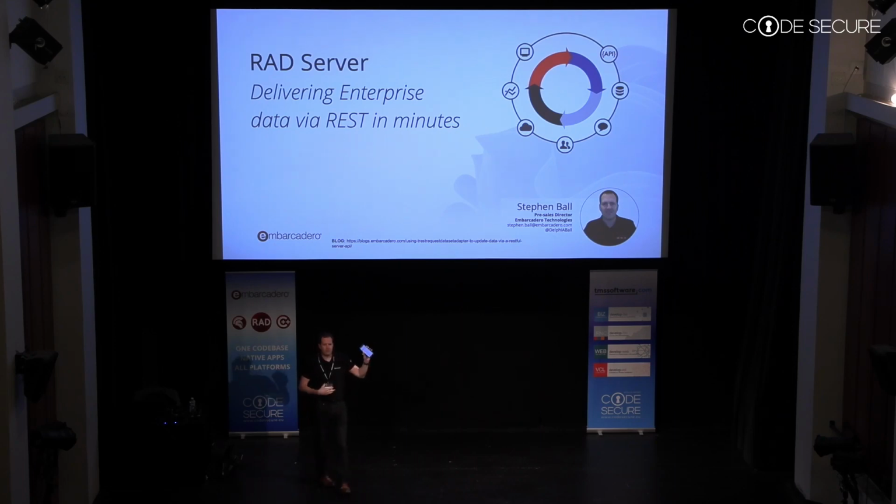But if you chat to some of the staff here today, or if you come and find me, we have an app written in FireMonkey that uses data fed into the app from a RAD Server backend. So we're going to start talking about the RAD Server backend, what that does, how it works. But using the latest version of RAD Studio, it's pretty cool.